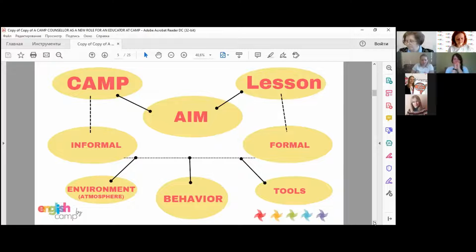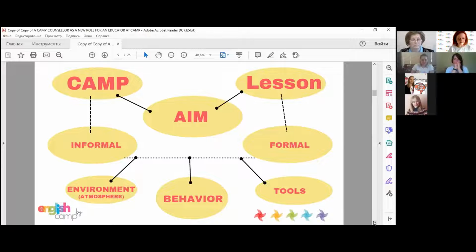We know that the informal environment affects three of the most important key elements: environment, behavior, and tools.